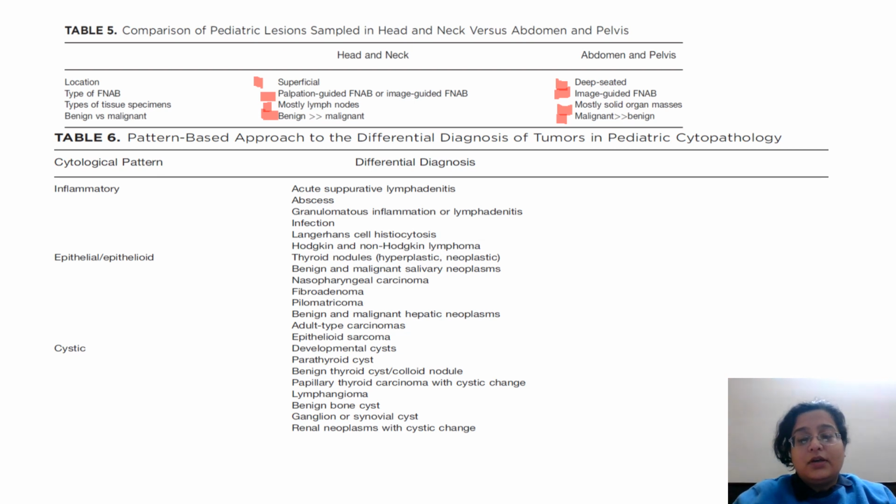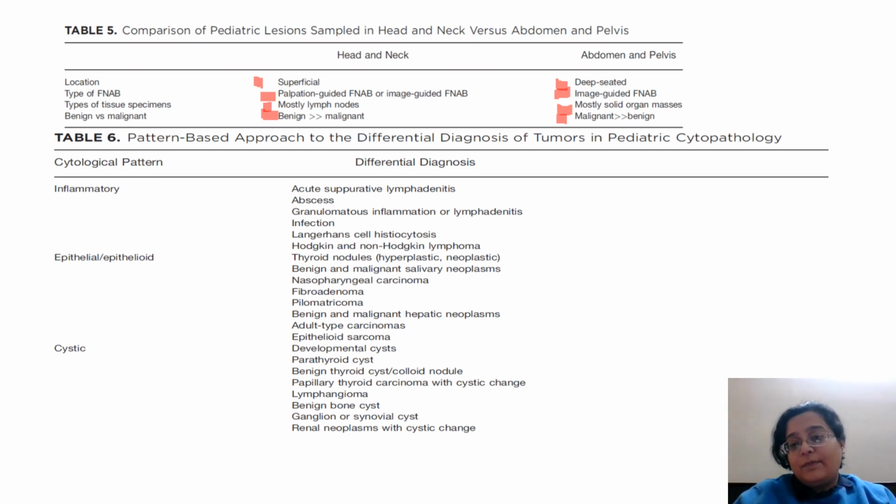Then, coming one by one, if it's an acute suppurative lymphadenitis, that is bacterial with suppuration, you will get karyorectic debris. You might also get karyorectic debris in something known as Kikuchi's disease. But in Kikuchi's disease, you won't classically get any neutrophil. There will be necrosis, debris, and other inflammatory cells.